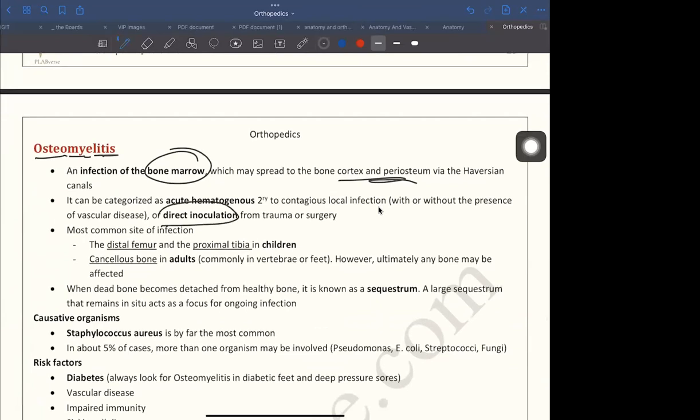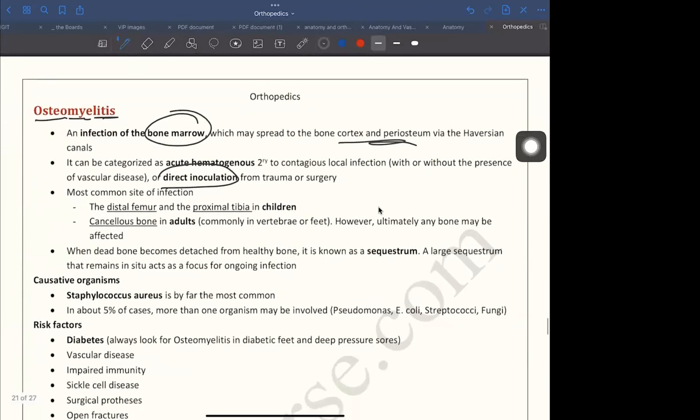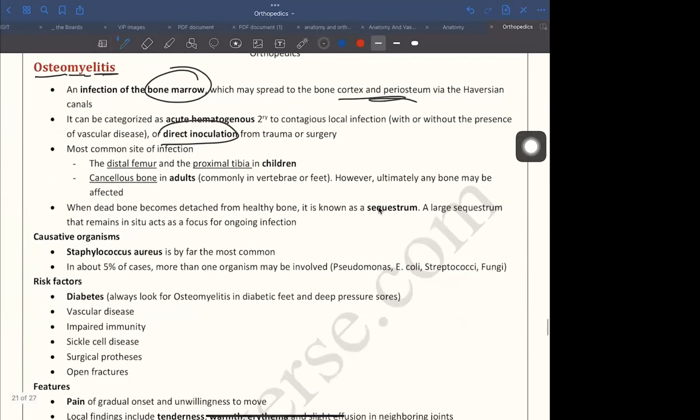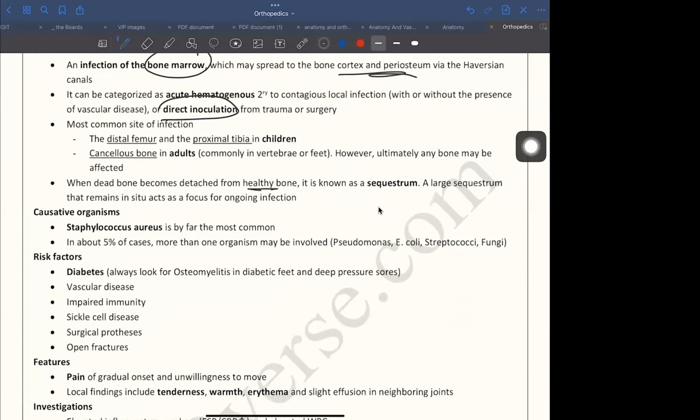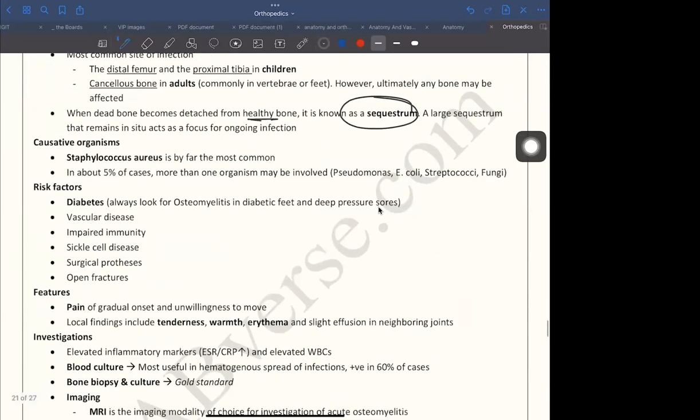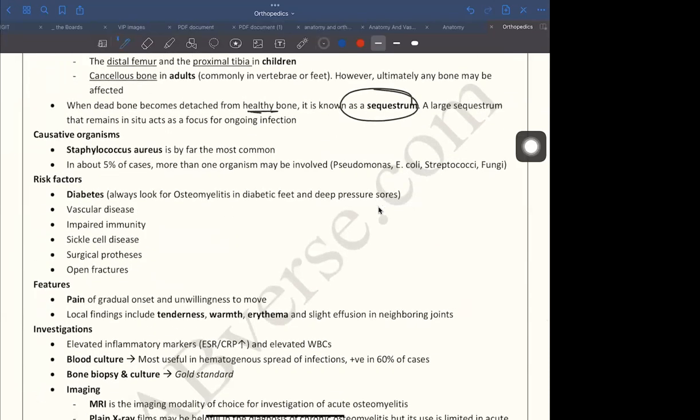Most common sites are the distal femur and proximal tibia, and it affects the calcaneus bone as well in adults. When dead bone becomes detached from healthy bone, it's known as sequestrum, and the sequestrum that remains in situ acts as a focus. The causative organism here, most of the time, is Staph aureus.